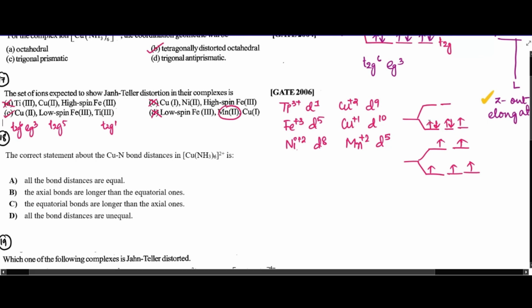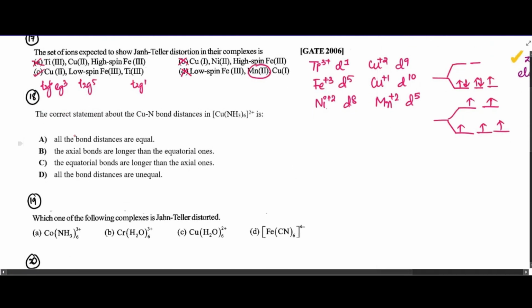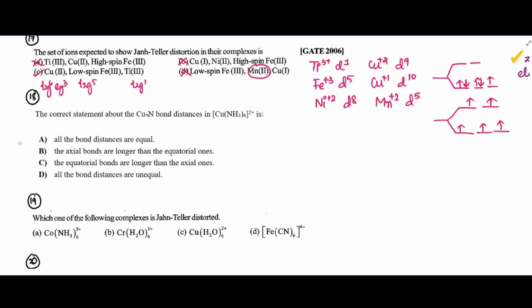Okay. Now, this question is an extended version of the question we did earlier, which I had already explained: which is the correct statement for the Cu-N bond distances in [Cu(NH3)6]2+. Very easy.